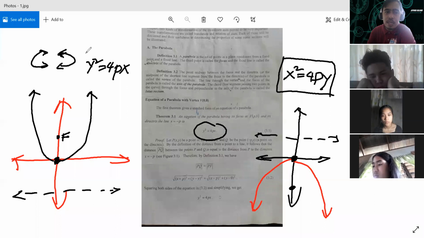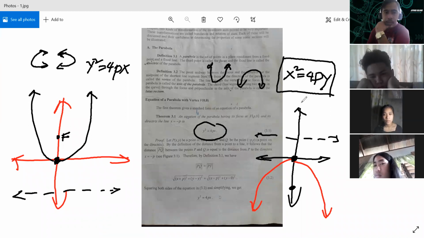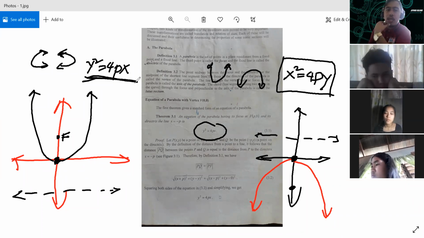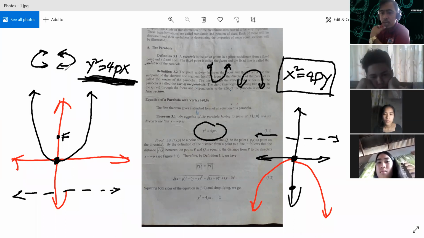Remember? Muna siya na ganina, no? Kini nga parabola is either opening up or opening down. Okay. So when we can say in this equation, when we can say that your parabola is opening to the right or opening to the left?